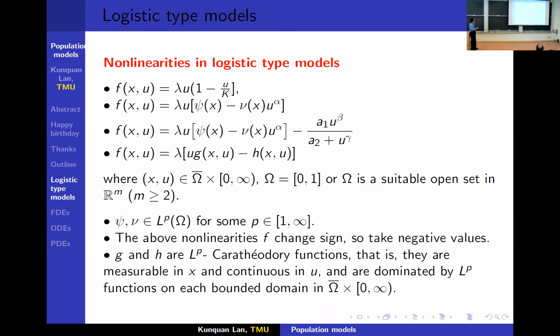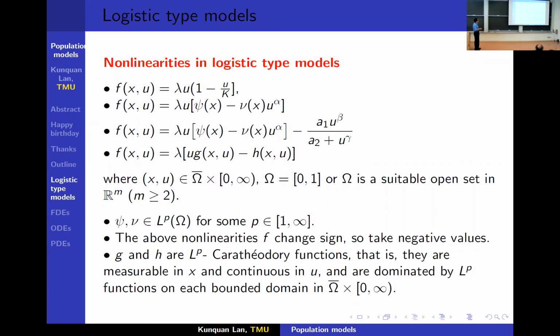So therefore, a more general one is g and h. We consider omega as (0,1) or (0,t) or whatever in one dimension, and omega in R^m, with m greater than or equal to 2. That means we go to PDE in that case.